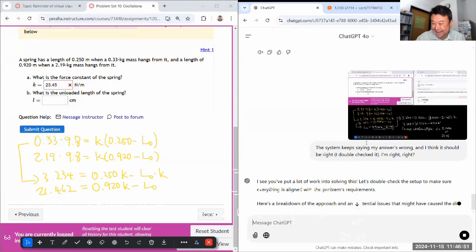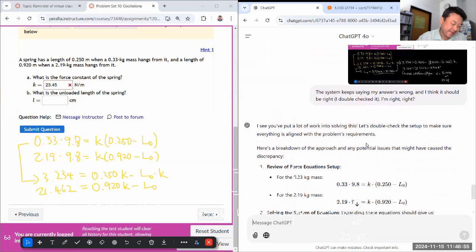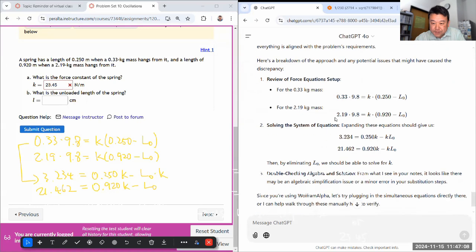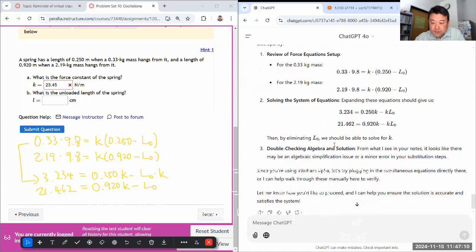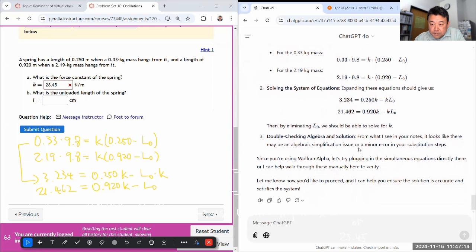Put in a lot of work, yeah. And also generative AI is pretty encouraging. It's always polite to you. It doesn't call you names. Double check the setup to make sure. Yeah, with the equation. Yeah, solve the equation by eliminating. It looks like there might be a simplification or a minor error.